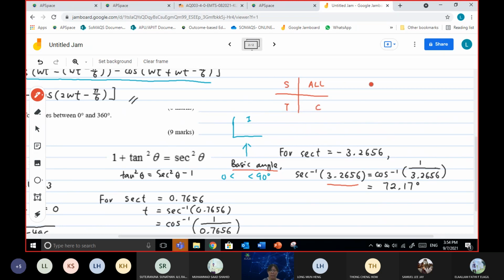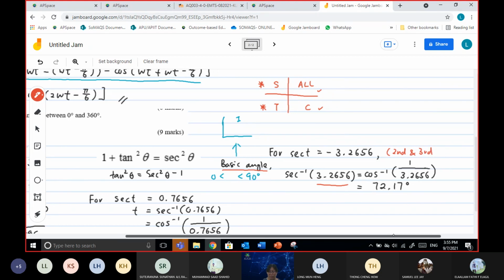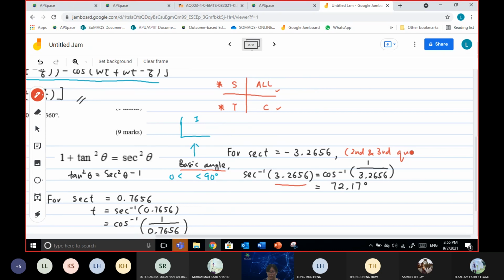Since secant refers to cos, and cos is positive in the first and fourth quadrants, cos is negative in the second and third quadrants.